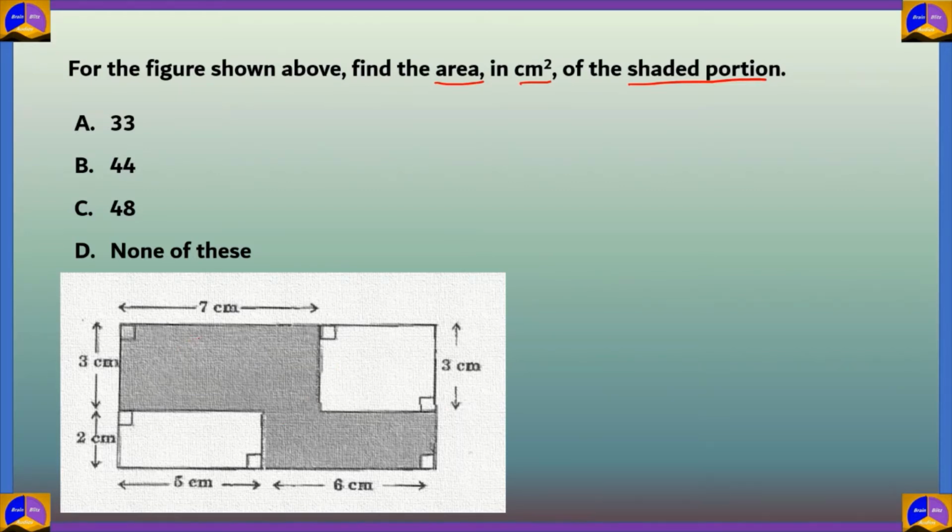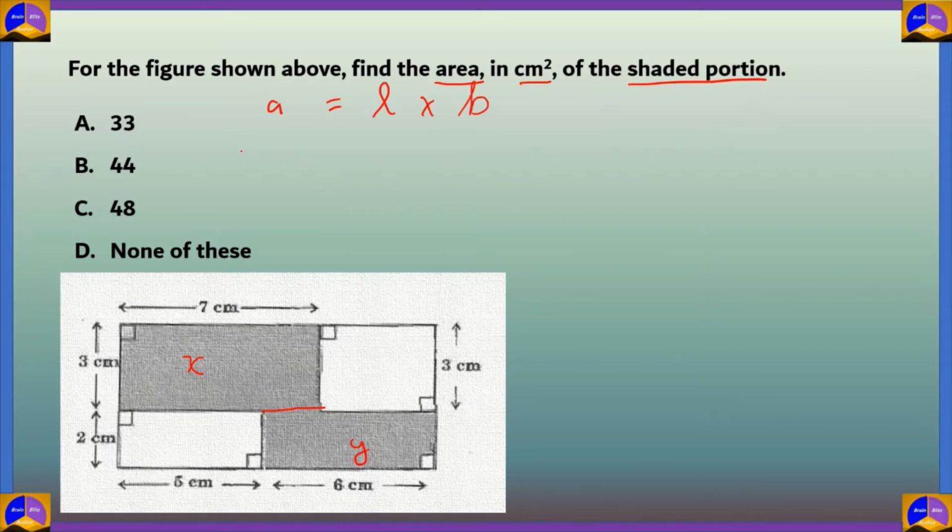So we'll have to break this into two rectangles. So when we do that, we'll name them rectangle X and rectangle Y. Now we have to just find the area of each of these and find their sum. Now A, the area of a rectangle, is equal to length times breadth.